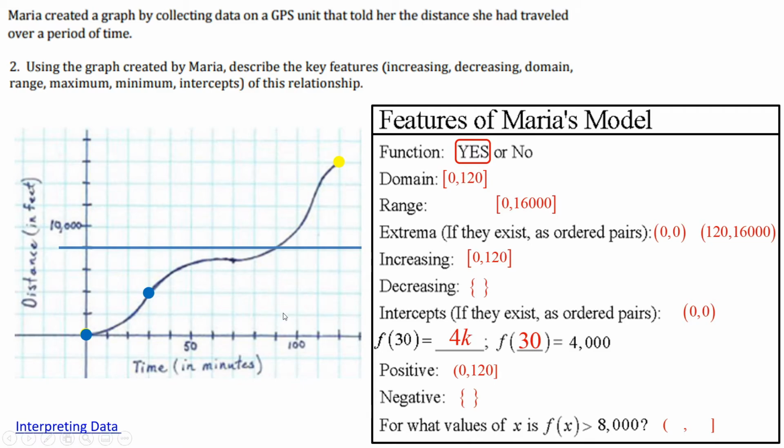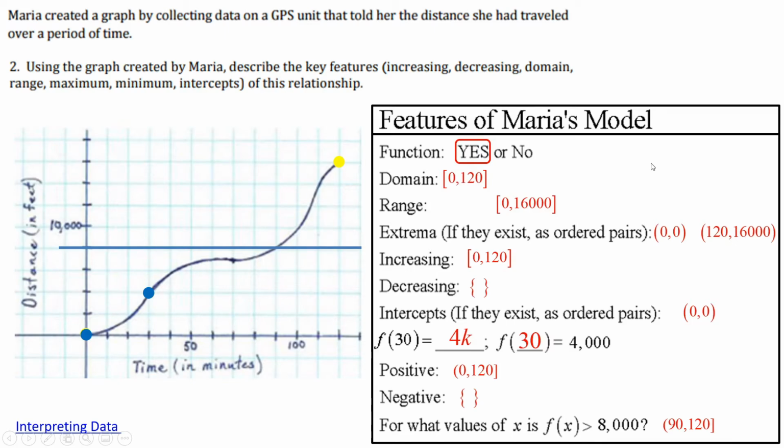So that x value is at, is that a 90? Notice the parenthesis and the 90. X cannot equal 90 because f of 90 equals 8,000. And then for the rest of the interval, all the way up to that x value right there, which was the 120. And that's a bracket on that side because x can equal 120. So again, we have another half open interval right here. The half open interval from 90 to 120, where I'm open on the 90.